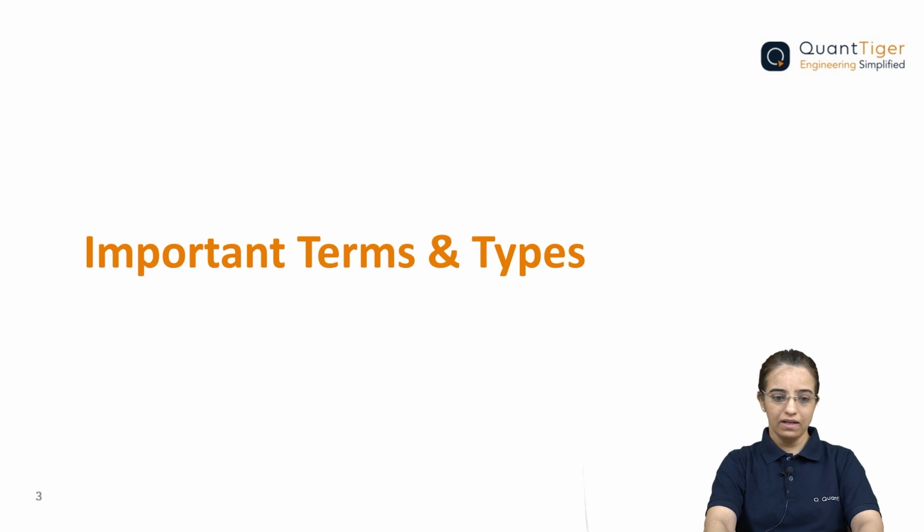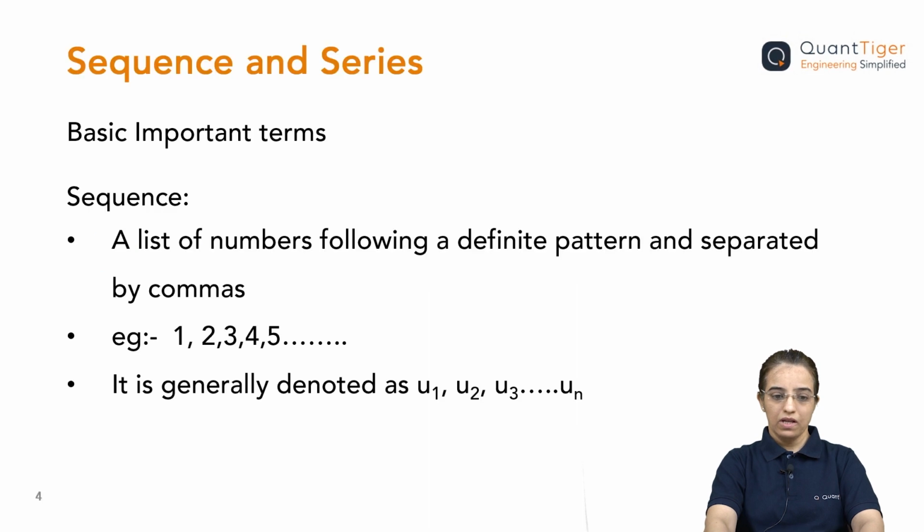Now let's start looking at what terms and types are involved in it. So basic important terms: sequence. ये term तो आपको पता होगा, हमने जो भी sequence स्कूल में, कॉलेज में, 11th 12th में पढ़ा था, that meaning is not going to change, वही रहेगा यहाँ पे.